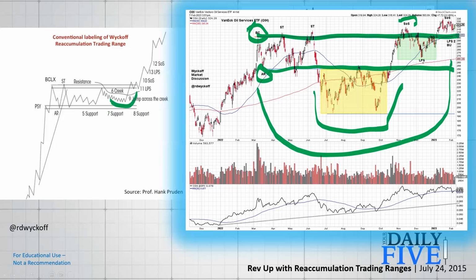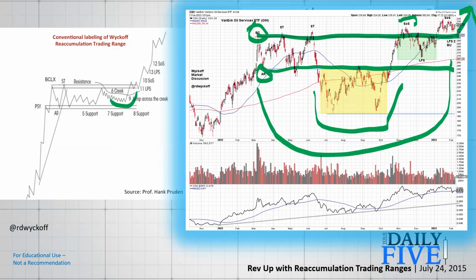This LPS then turned into a new uptrend where it goes up and out and has a backup into another LPS, a higher last point of support. We call that a backup because it's dull, quiet, narrow, volatility is diminishing, and all it's doing is resting after breaking out and preparing to go into another uptrend.